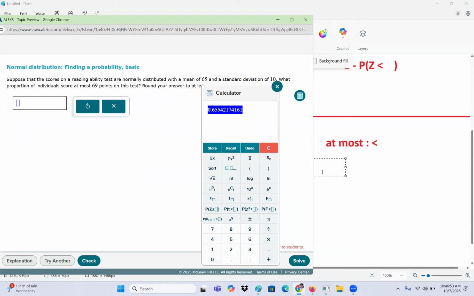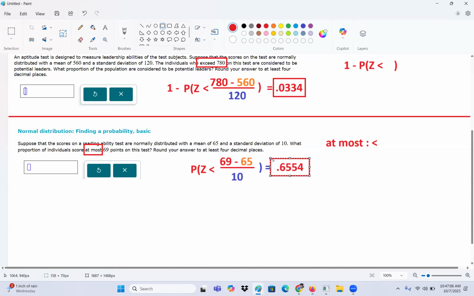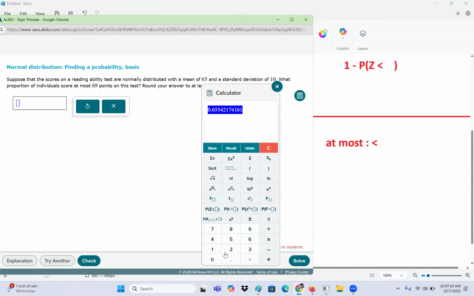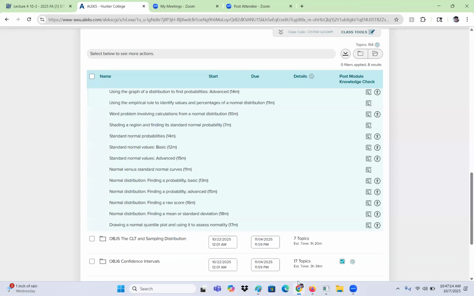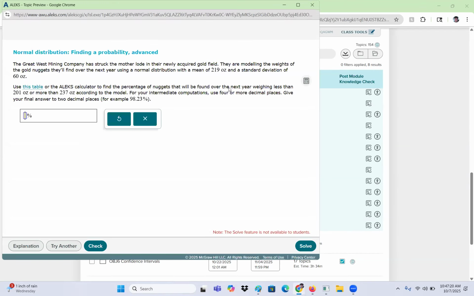So you get 0.6554. Okay, that should be good. Yeah, 0.6554. All right, so let me move up to the next one. It's more advanced stuff, but it's actually pretty much the same concept.